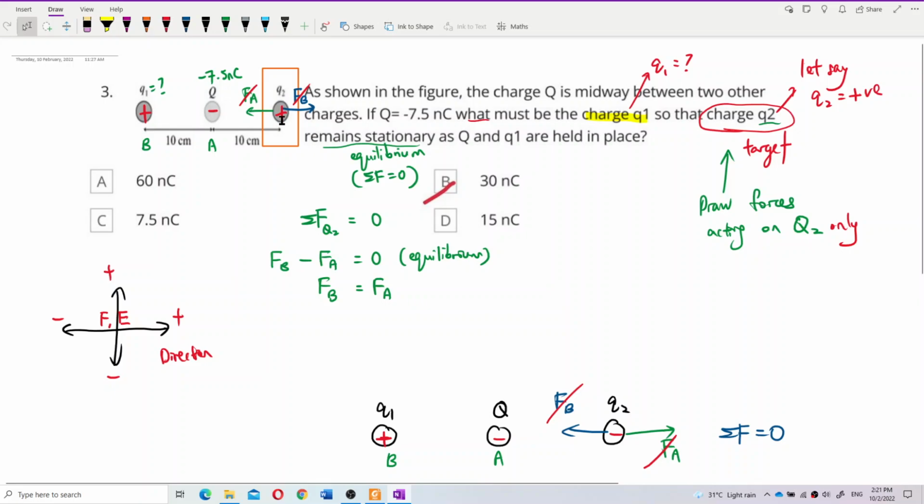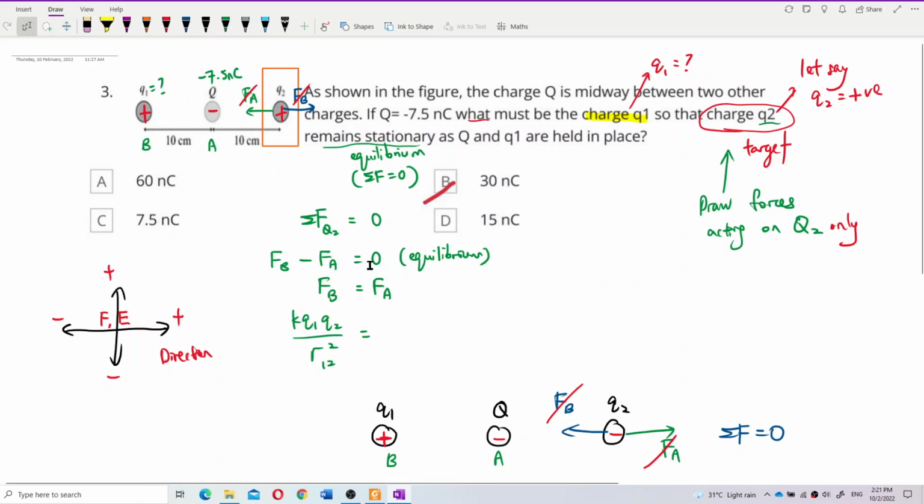Positive charges repel, isn't it? So FB is between Q1 and Q2. So FB is k Q1 Q2 over R12 square.